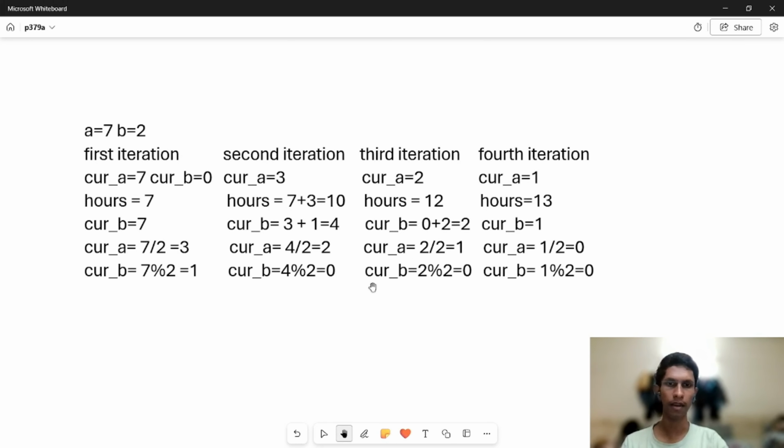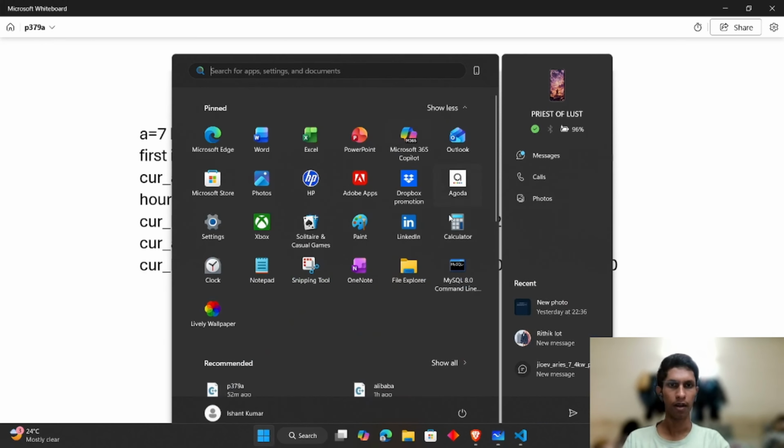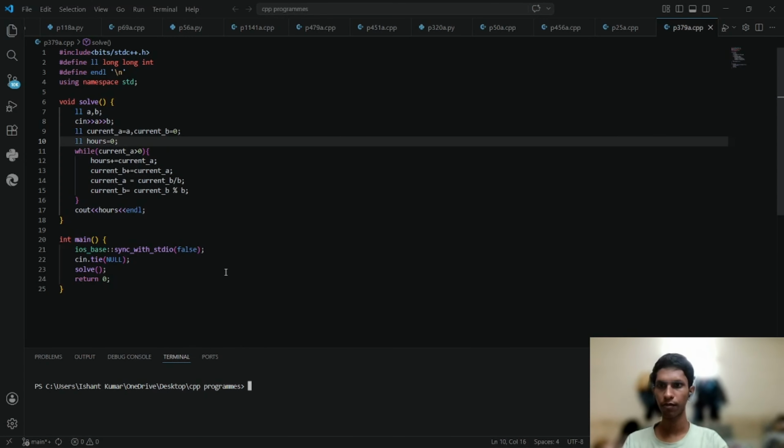So at the last, we are just using this modulus operator to calculate the number of candles which were not used in making the candles for the next iteration. That's what we have used the modulo operator to calculate. So this was the logic for this problem. Let's look at the code.